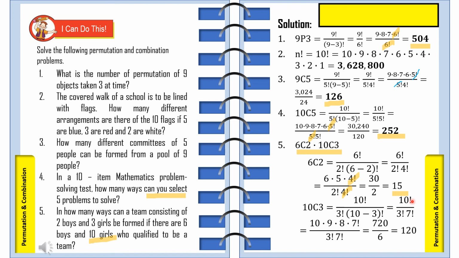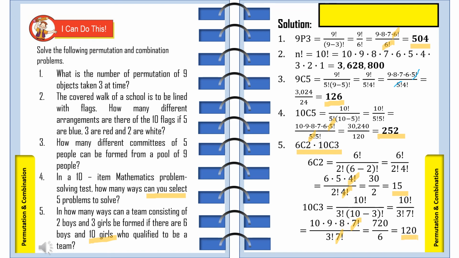So you're going to expand this, 10 times 9 times 8 times 7. So nag-stop tayo kay 7 factorial kasi may 7 factorial tayo sa denominator para mas makancel natin siya dyan at mas mapabilis natin yung ating computation. So you only have now 10 times 9 times 8, that's 720 over 3 factorial, that's 3 times 2 times 1, that's equivalent to 6. So your answer here is 120.